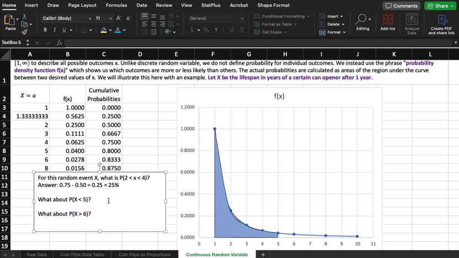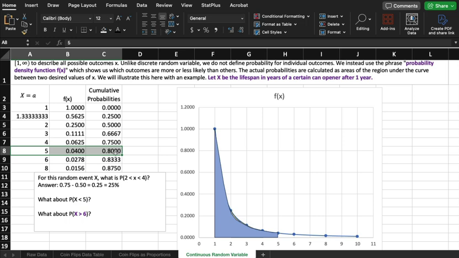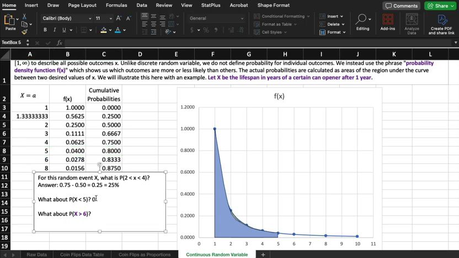You don't need to do anything to it. So x is equal to 5, and the cumulative probability is 0.8, which is the same thing as 80%. So 80% of all of our can openers will have a lifespan of less than 5 years, or up to 5 years. Okay? 80%.